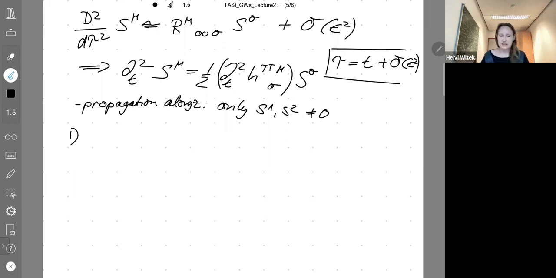In the first instance, let's just assume that we are oriented such that our cross polarization is 0 and we can focus only on the plus polarization of our gravitational wave. So this is what we are going to do here. If we insert the plane wave solution that we've derived before into our geodesic deviation equation, we find the following.